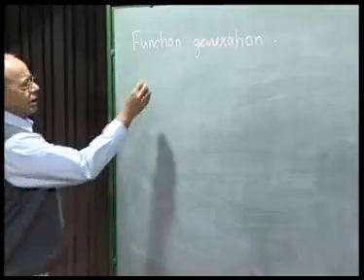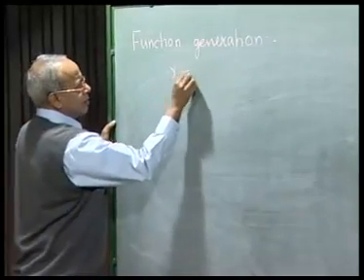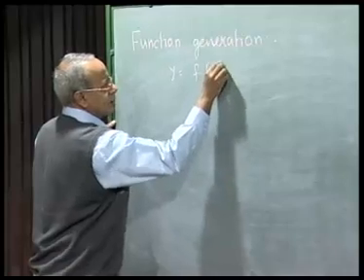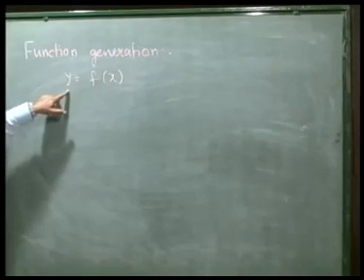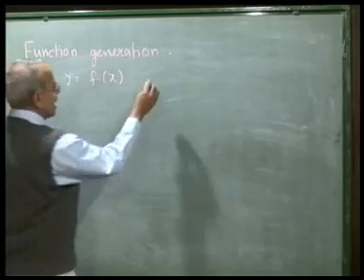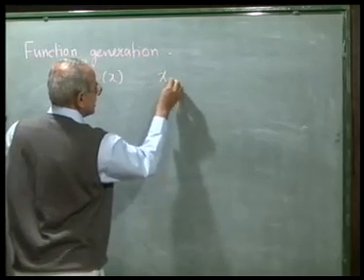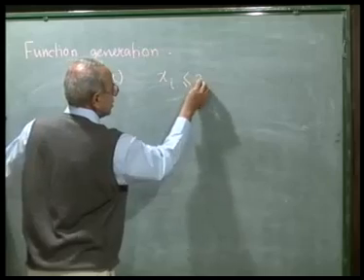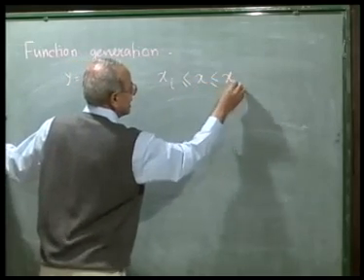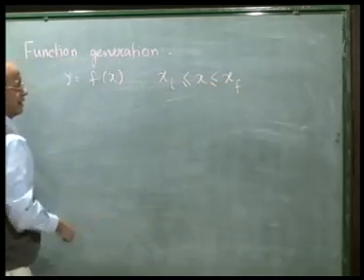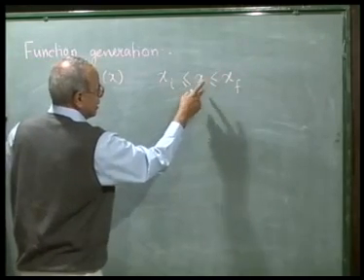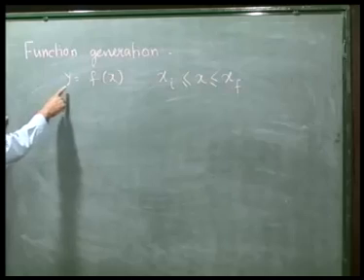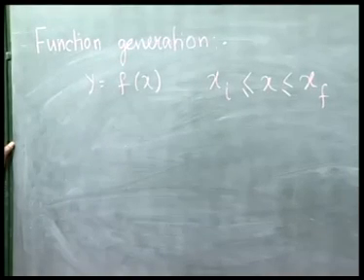Now, what we mean is that if y is a given function of x, where x is the independent variable and y is the dependent variable, and this function has to be generated in a range, say from x initial to x final, within this domain of the variable x, I have to generate the function y by a mechanism.